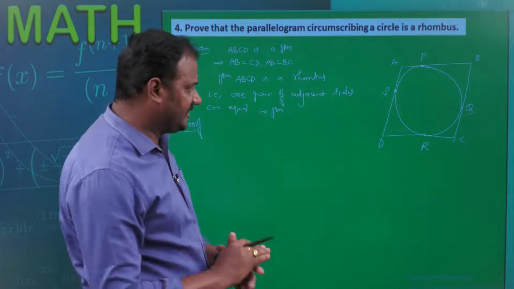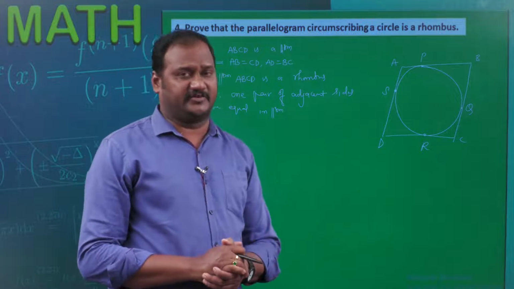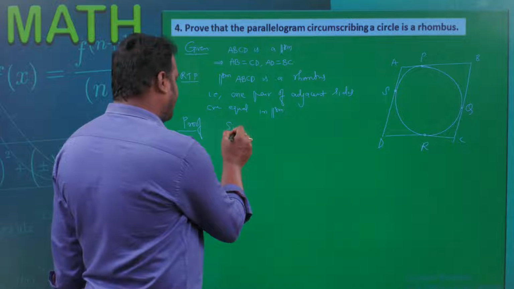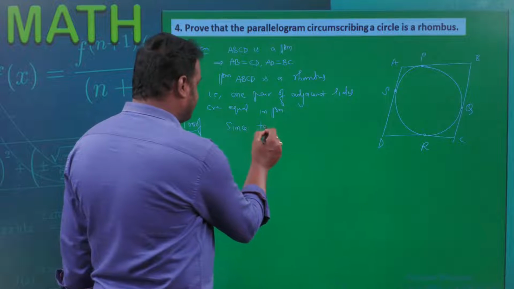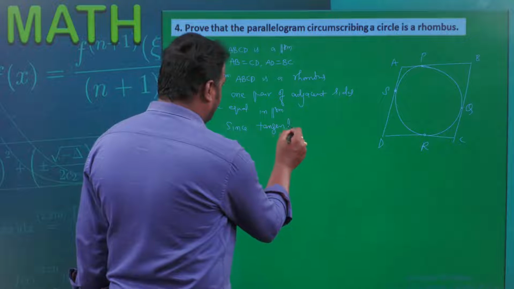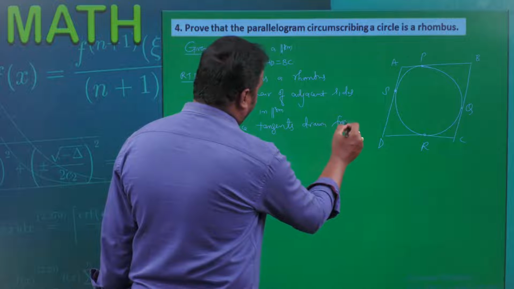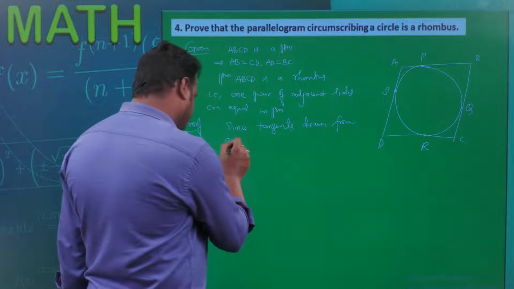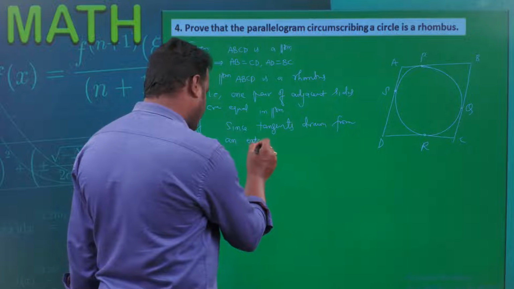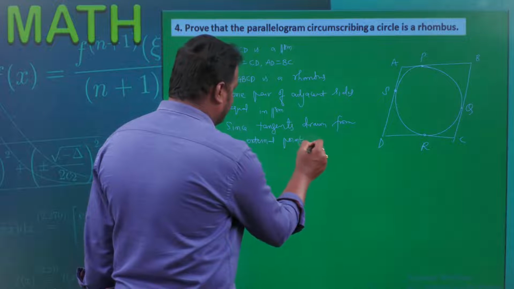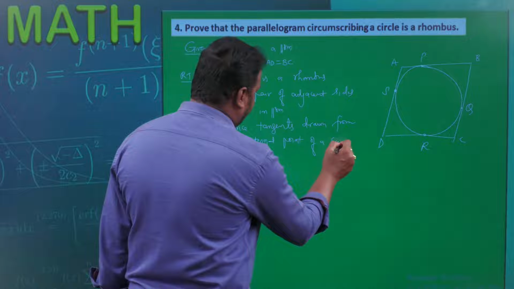I use the property that tangents drawn from an external point of a circle are equal. So since tangents drawn from an external point of a circle are equal.